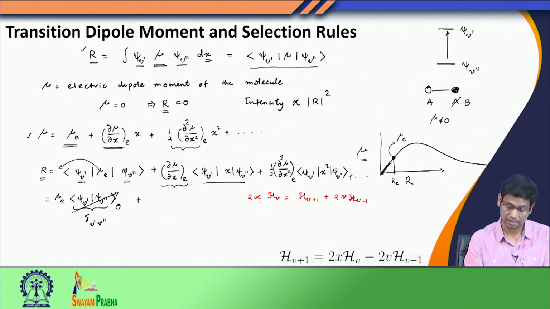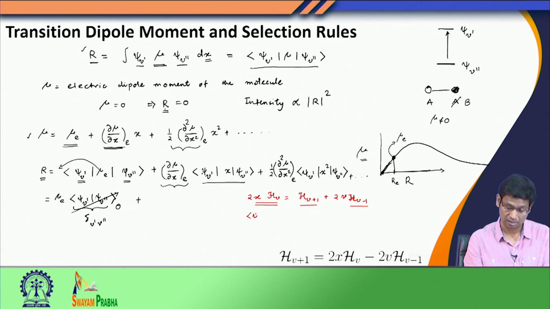Now, we see that x H v is expressed in terms of the v plus 1th order and v minus 1th order Hermite polynomials. Remember, this v is just the vibrational level, so it is merely a number. Now, we will look at this integral over here.